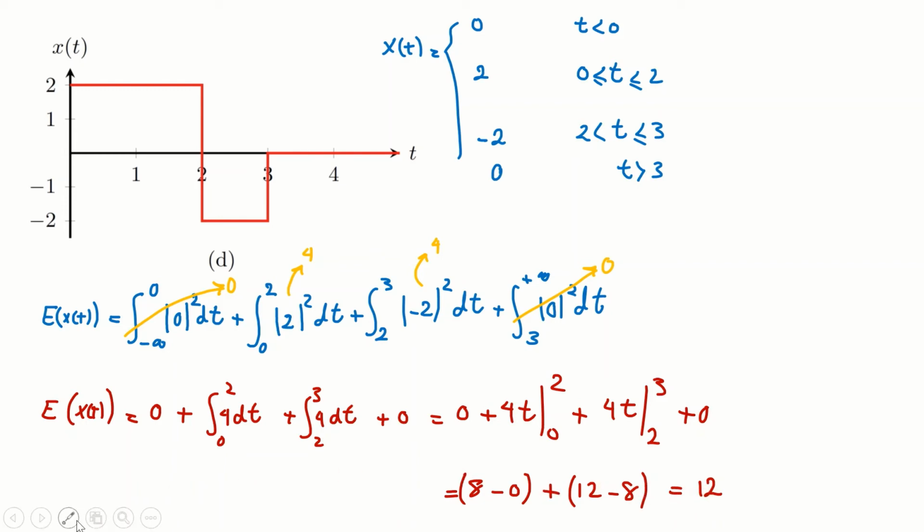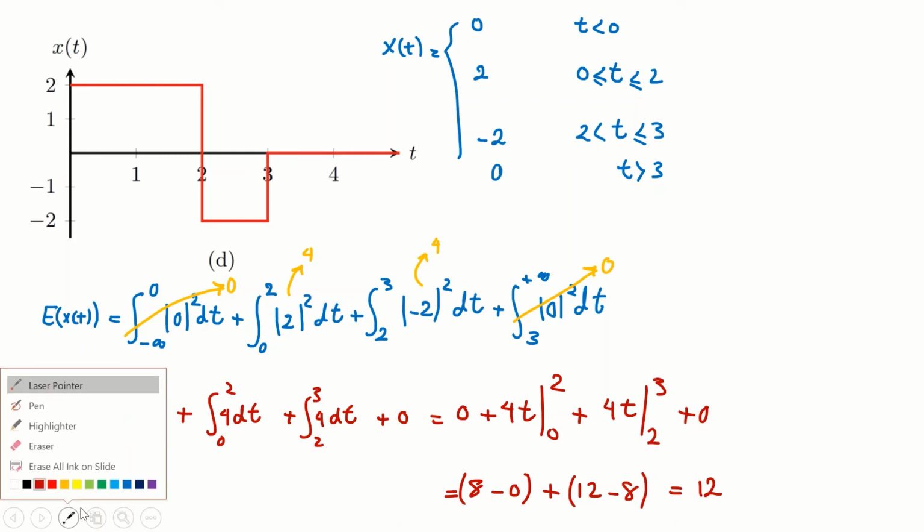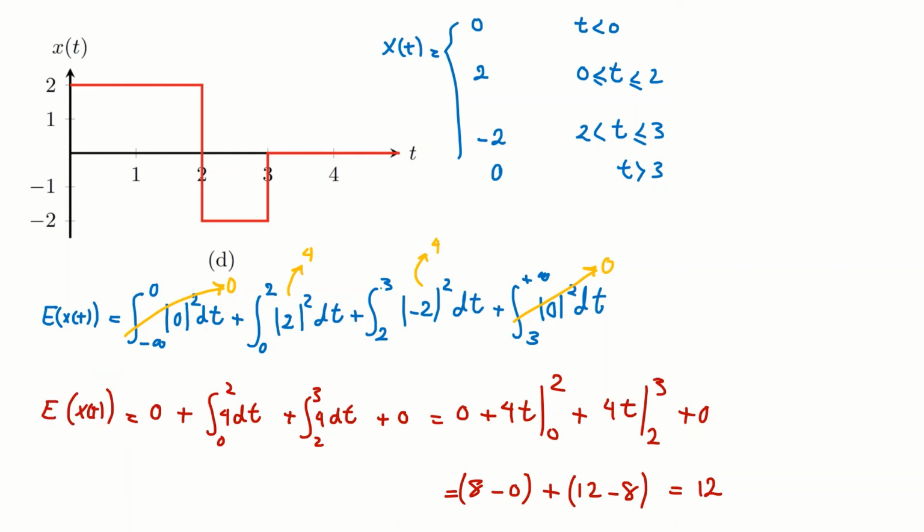That's the end of this question. And we generally can say that if we multiply the amplitude of the signal by a, then the energy will be multiplied by a squared. So we can conclude this.